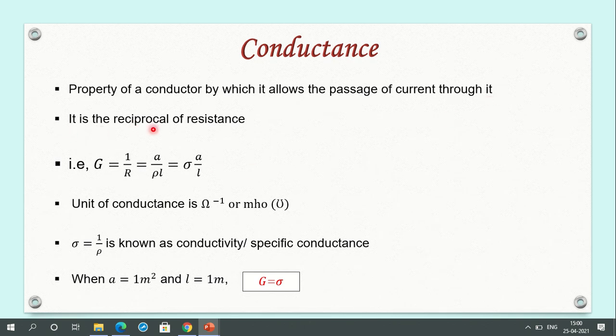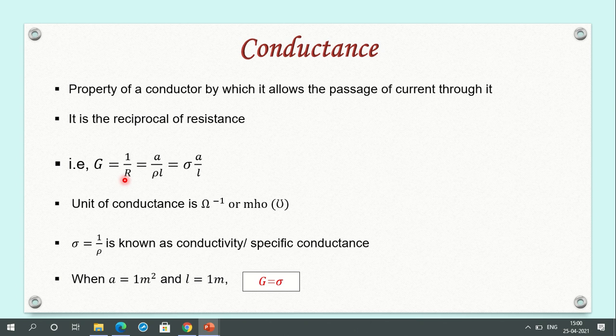As both have opposite meanings, conductance is taken as the reciprocal of resistance. It is denoted by the capital letter G, and G is equal to 1 divided by R.